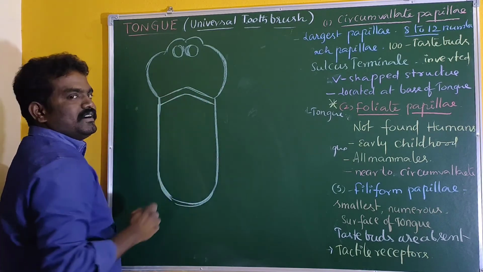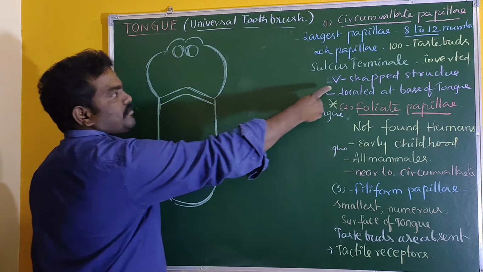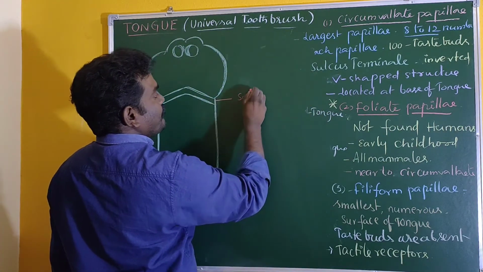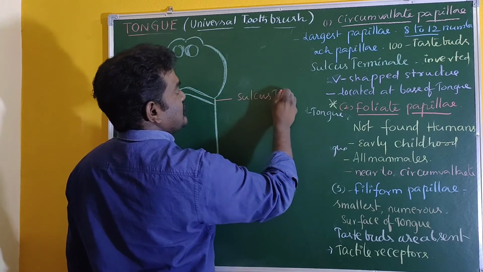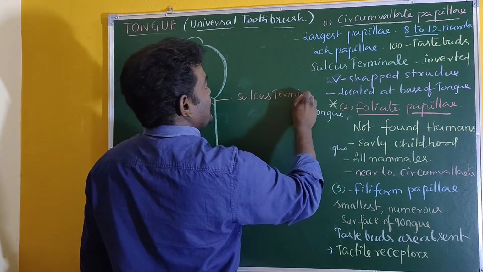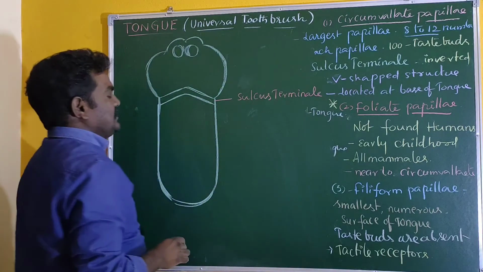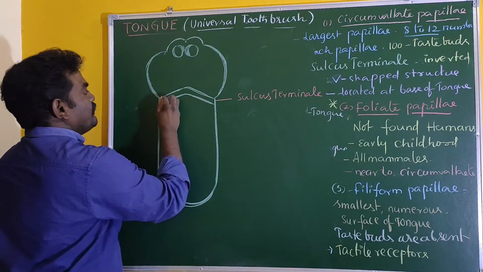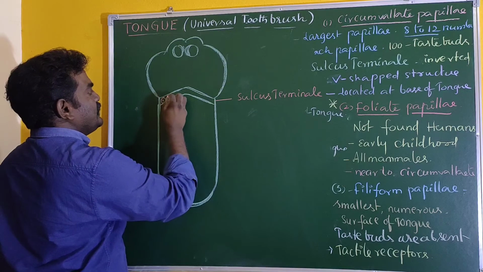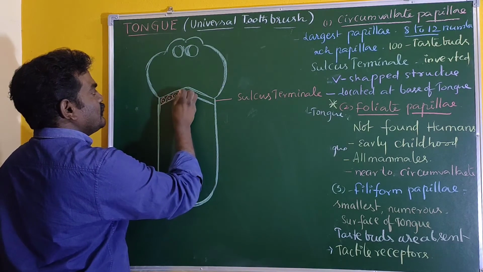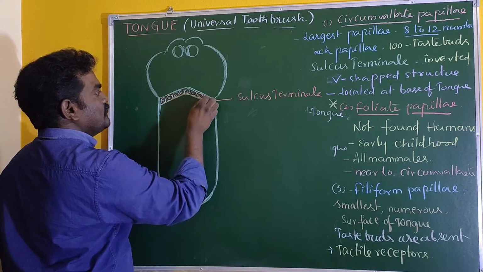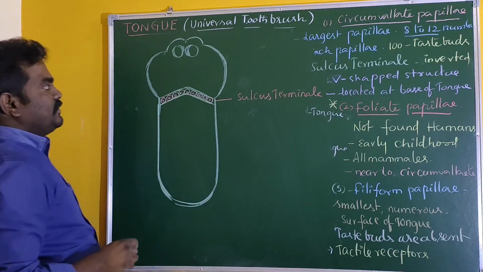This is a grooved part, an inverted V-shaped part, called the sulcus terminalis. In the sulcus terminalis we find 8 to 12 circumvallate papillae.